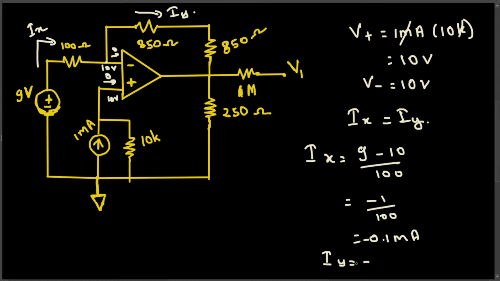Let me double check. 9 minus 10 divided by 100. Minus 1 divided by 100.